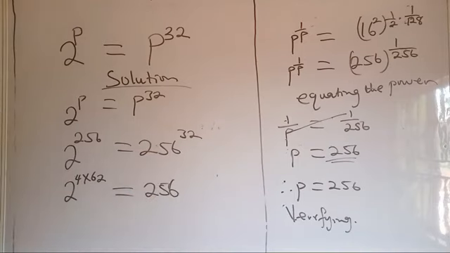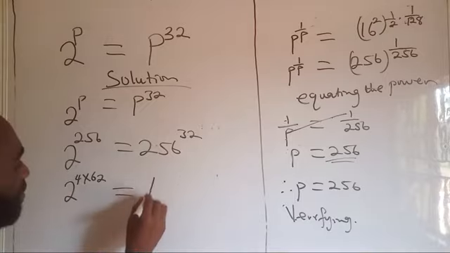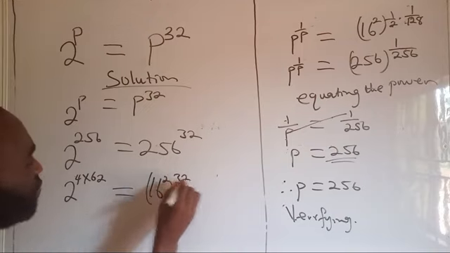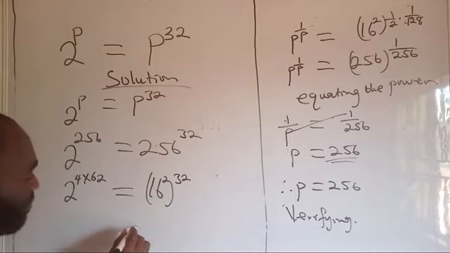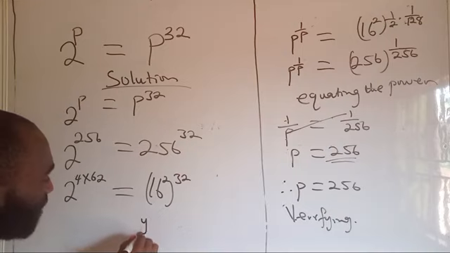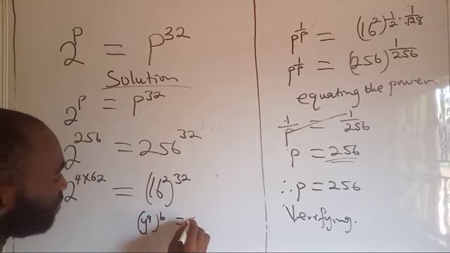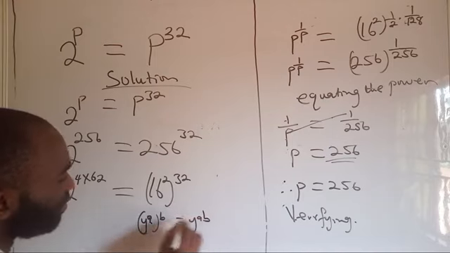So 256 can be written as 16 raised to the power 2, then raised to the power 32. I know that in indices, if y raised to the power a is raised to the power b, this gives you y raised to the power a times b.